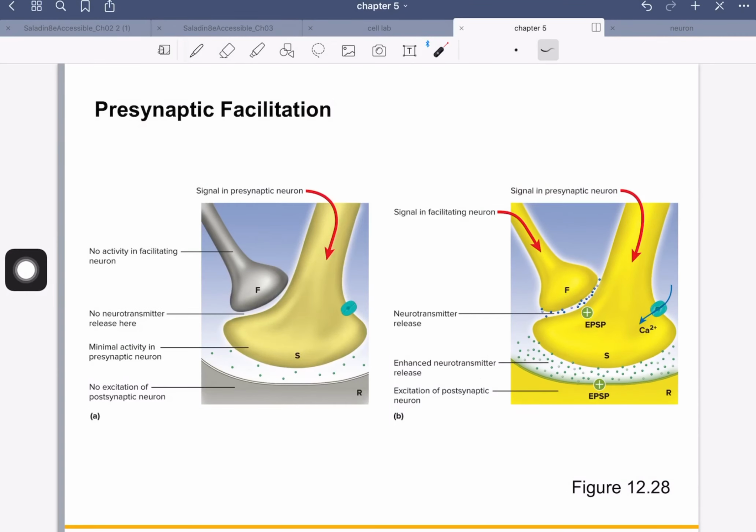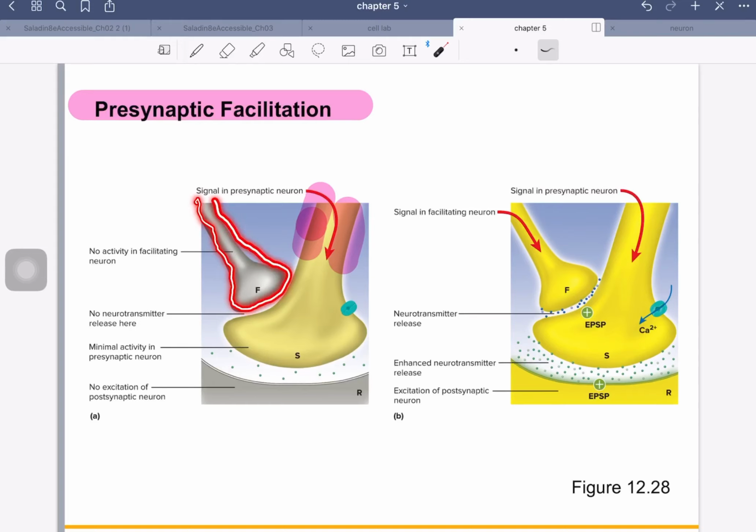And let's have a look. Here's one example. Here's a model we can look at of presynaptic facilitation. In this case, you notice that we're actually down near the bottom of the axon. Here's the axon right here. And this neuron, because as mentioned way back, not all neurons interact with the postsynaptic neuron in the dendrites or the cell body.